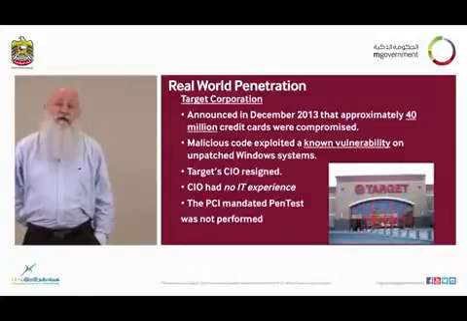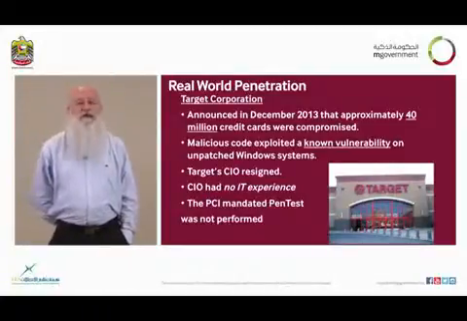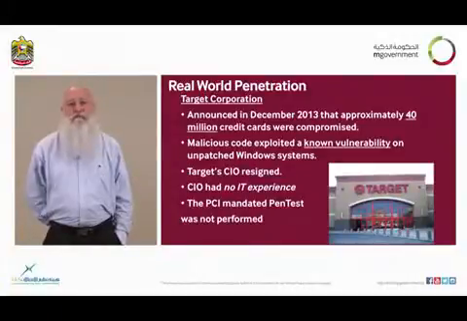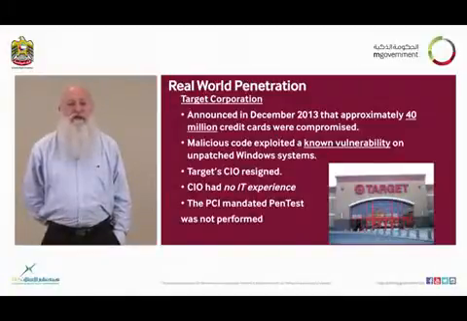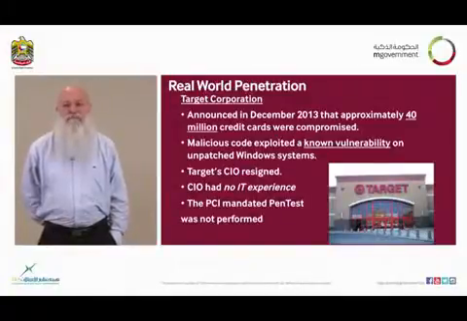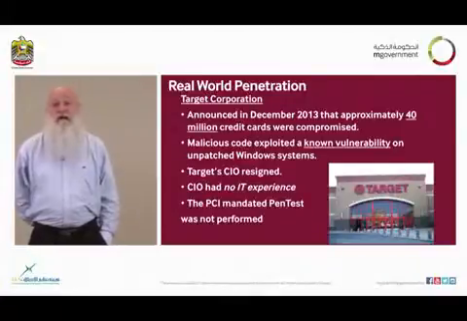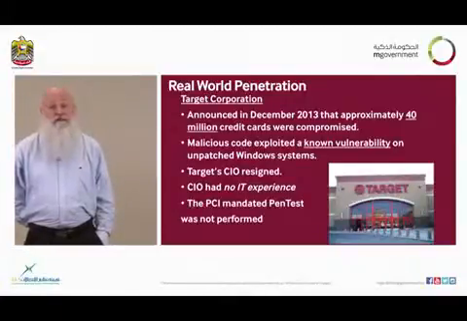How did this happen? The attacker exploited a known vulnerability in a Windows operating system which had not been patched. The fallout from this particular exploit: the chief information officer from Target had to resign. The chief information officer, by the way, had no IT experience.